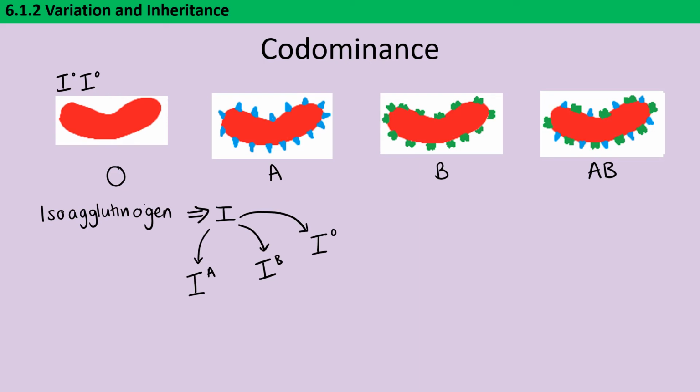If a person is blood group A, they could be homozygous IA, but we also know that A is dominant over O, so it's possible for them to be IAIO. In a similar way, a person who is blood group B could be IBIB, or they could be IBIO. And finally, a person who is blood group AB must have one of each of the A and the B alleles.